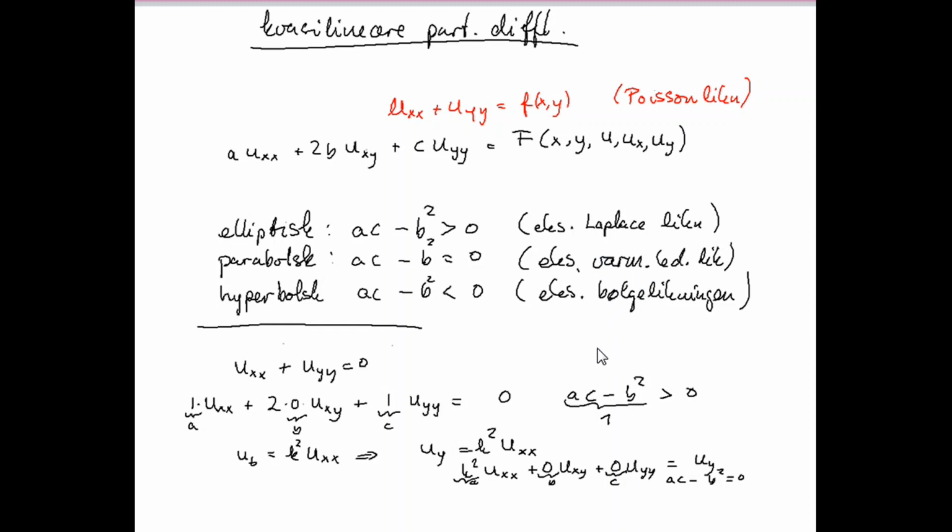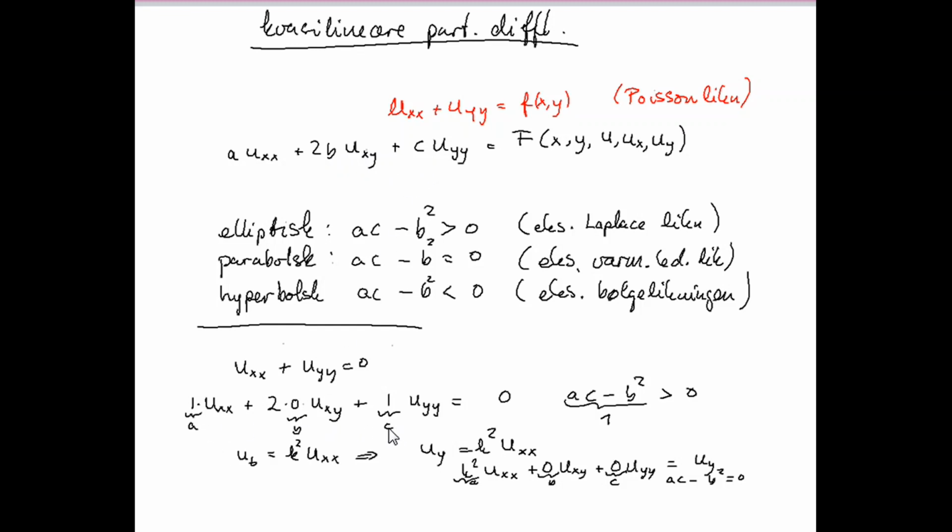Let's now show that the Laplace equation in fact is elliptic. You know that the Laplace equation takes this form. If we go back to the general description of the quasi-linear partial differential equations, we see that a must be 1, b must be 0, and c must be 1.